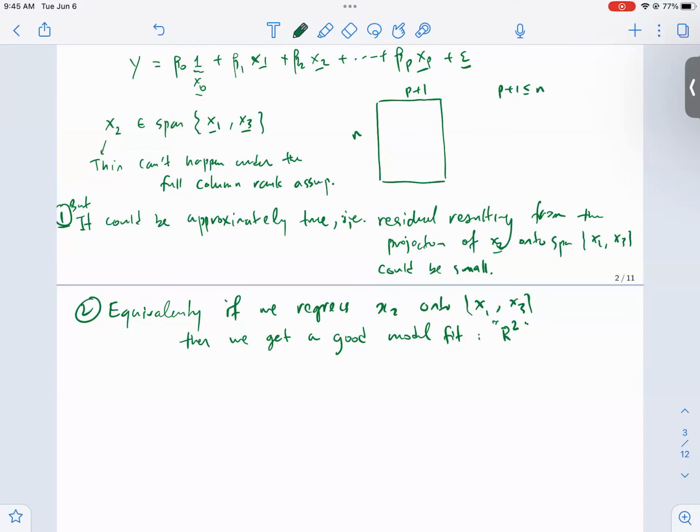If R squared is 1, what does it mean? No residual, so we're back in that setting. So x2 is actually explained completely by x1 and x3. Under our assumption, hopefully that doesn't happen, but R squared could be very large. And if you remember, R squared is some sort of a multivariate notion of correlation. So that exactly captures what we care about.